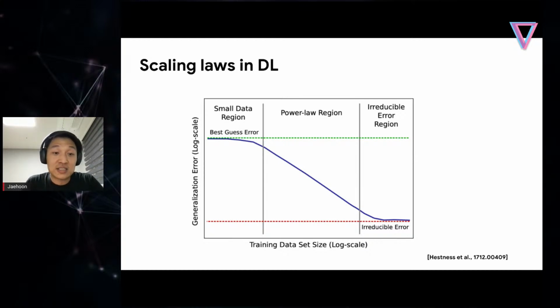First, on the left is the small data regime, where there is not enough information, leading to random guessing predictors. In the middle is the power law region, where generalization error reduces as more data is added, and the exponent captures how effectively the model represents the data. The last regime is denoted the irreducible error regime, since there can be an intrinsic error lower bound that we can't go below.